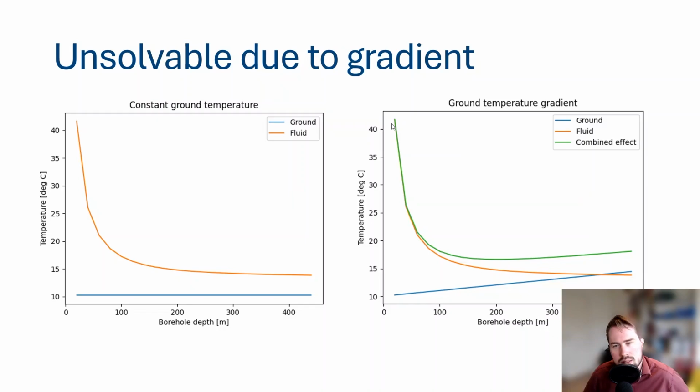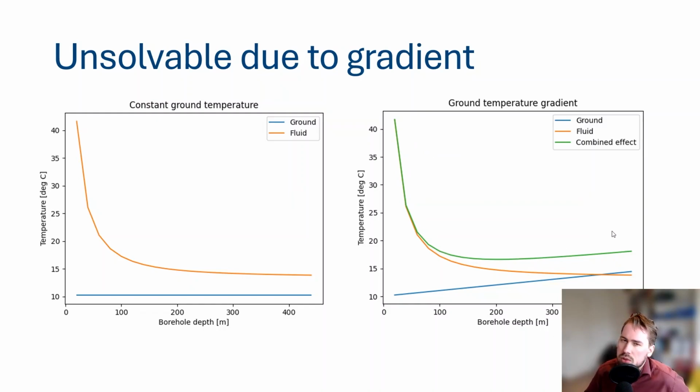What you can see is that indeed the peak average fluid temperature decreases, and the fluid itself keeps decreasing, but due to the ground temperature, we are again increasing in the end. And it is the distance between this green line here and the blue line, which is actually the borehole thermal resistance again. But it's not a parabolic shape, but you can see that it decreases and then increases again.